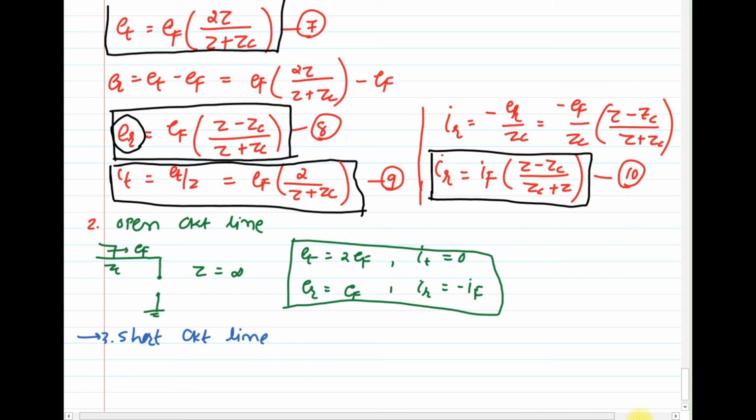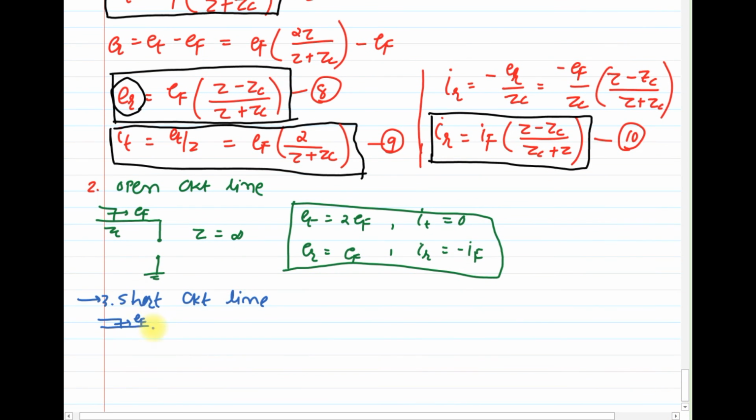Let me draw over here. The line is short circuited. That means the value of Z becomes 0. Z is equal to 0. So we have seen the first case where Z is equal to ZC, then Z equal to infinite, and Z equal to 0.